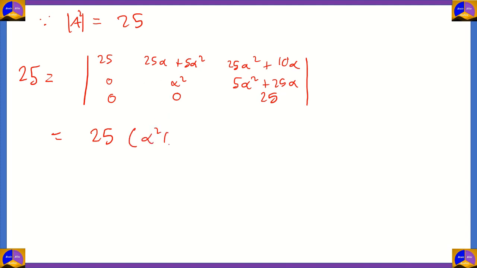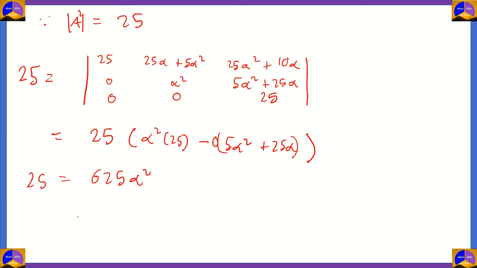So then you have alpha squared times 25 minus 5 alpha squared plus 25 alpha. But then there's a 0 on top of this, so this term also becomes 0. So now you have 25 times 25, that gives you 625, and then alpha squared. So 625 alpha squared gives you 25.